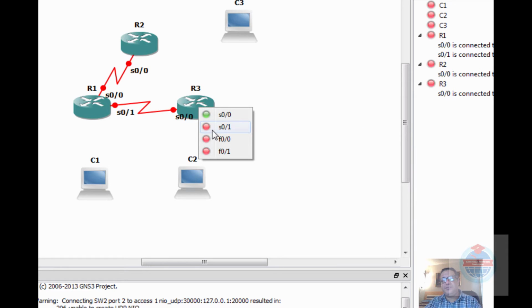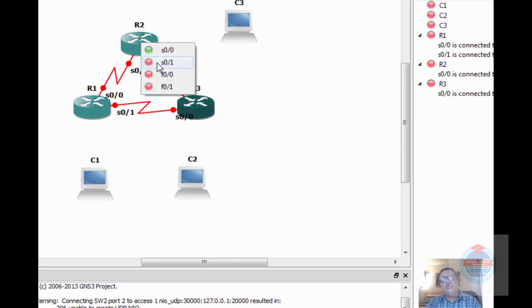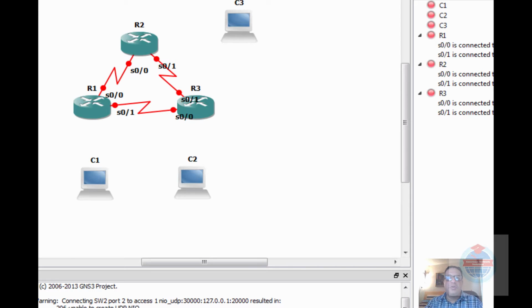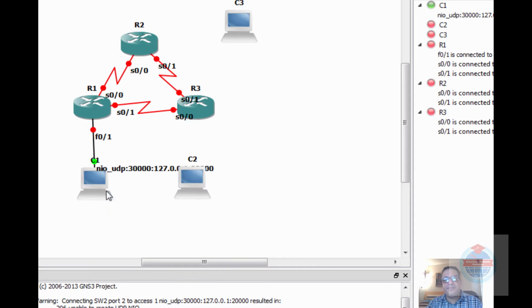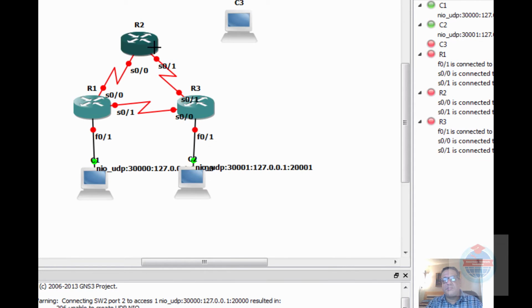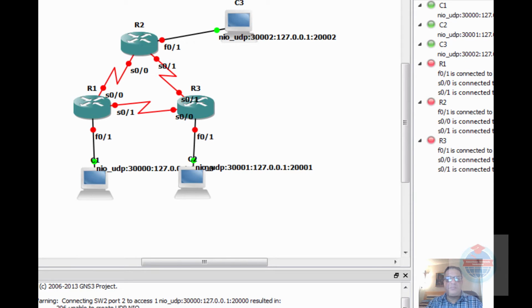From here, S0/0/1 to the S0/0/1 from R2. Now from the rest, S0/1 each one of them. Power to everything.